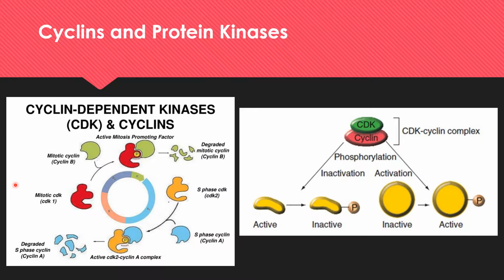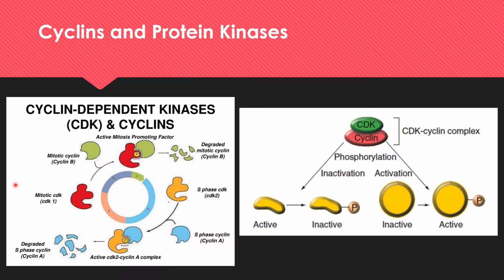The signals made from the completion of each cyclin and cyclin-dependent protein kinase interaction start the next event to happen in the normal cell division, which is important in keeping those mutations and cancers from happening.